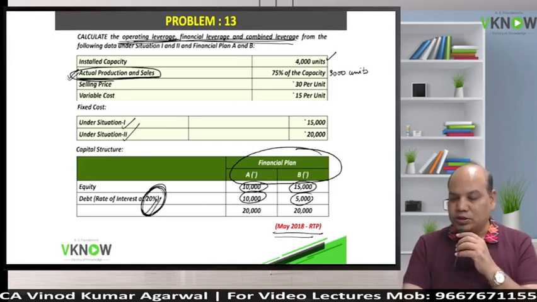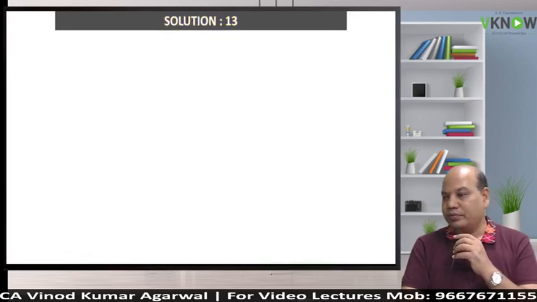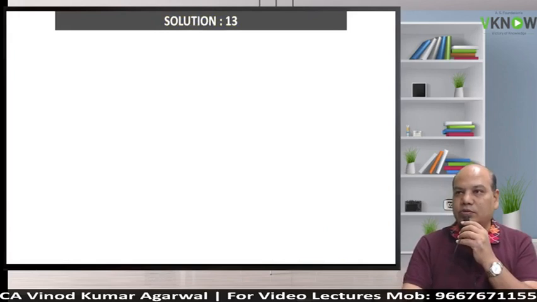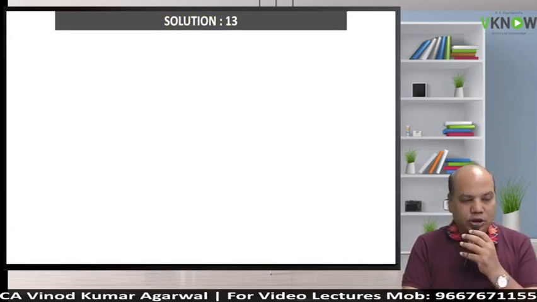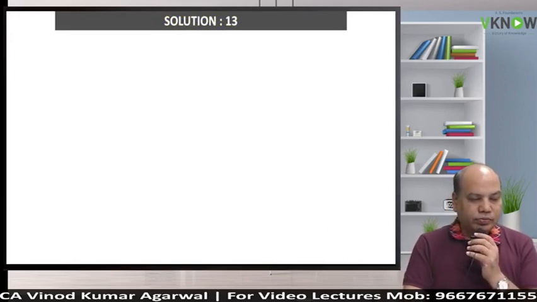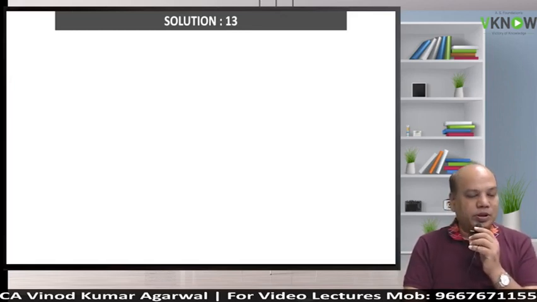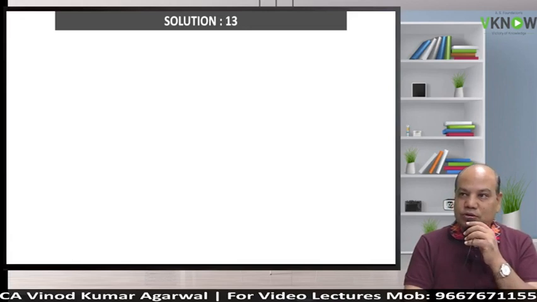So how many answers would you require? 4 answers will be required. There are two financial plans and two situations, so 2 into 2, 4 combinations: situation 1 plan A, situation 1 plan B, situation 2 plan A, situation 2 plan B.